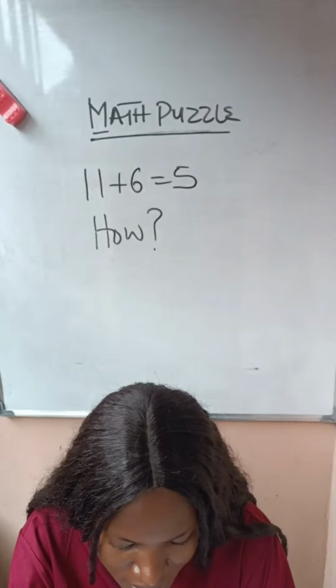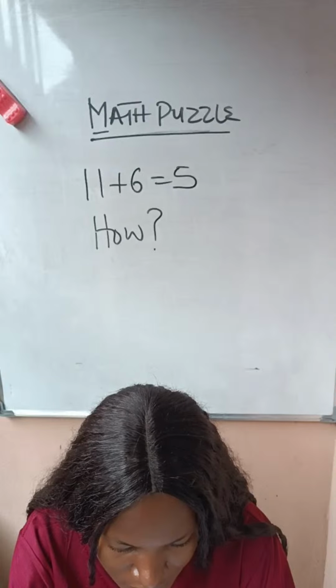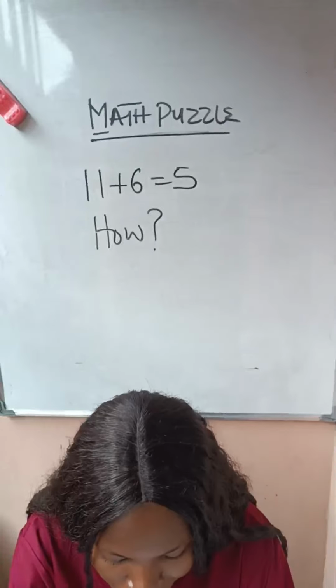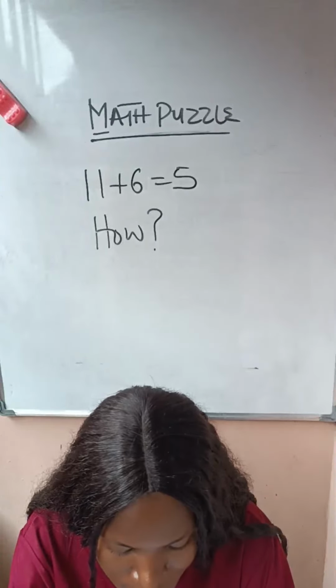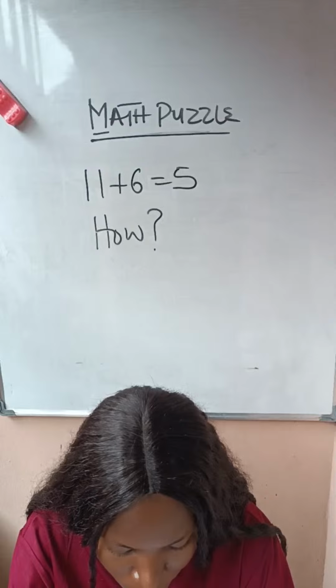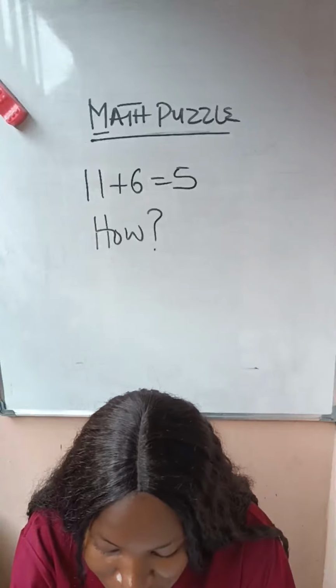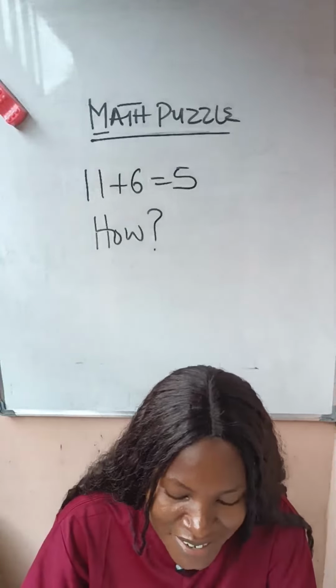Let's go, friends. 11 plus 6 equals 5. How? How is that possible? I might be tripping, but is it a clock? I don't know. Do you want me to tell you? Figure it out yourself.